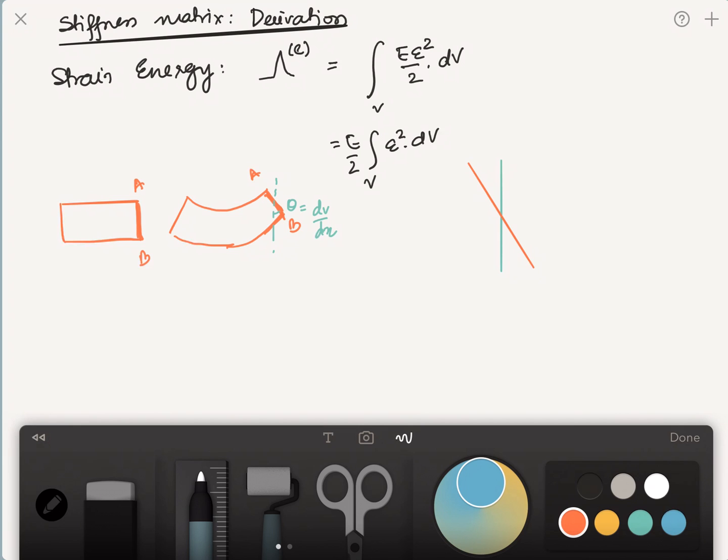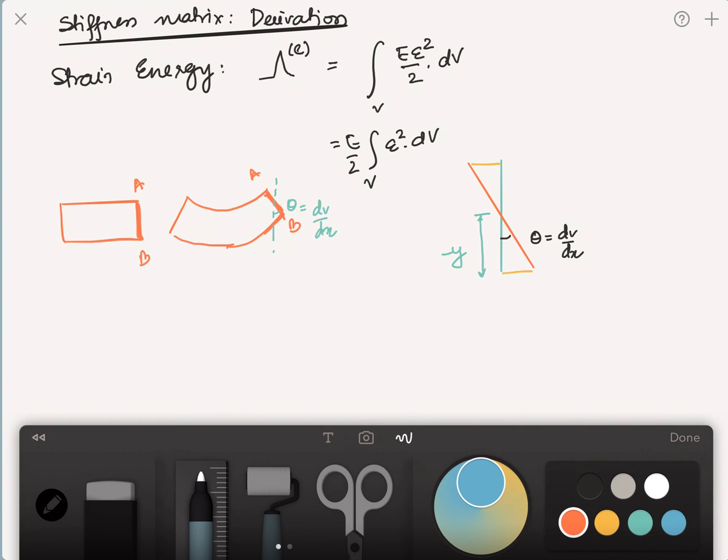And the change in neutral axes, let me draw this with a different color. The difference in the height from the neutral axis to the base is given as y, and because it's downwards we write it as negative y. And this angle is nothing but the angle theta, which is given as dv dx.